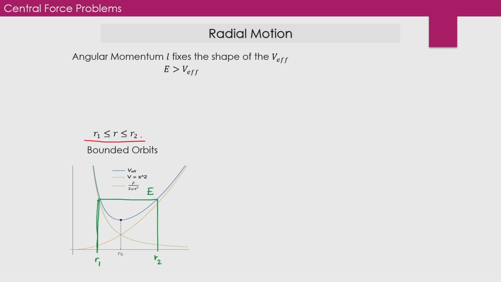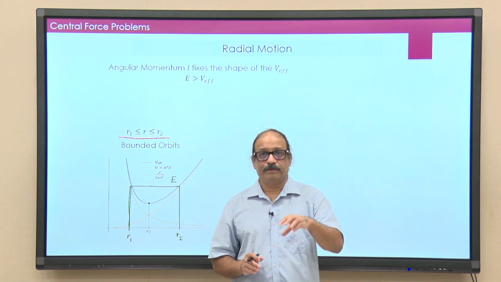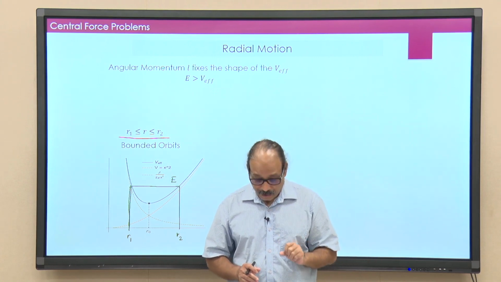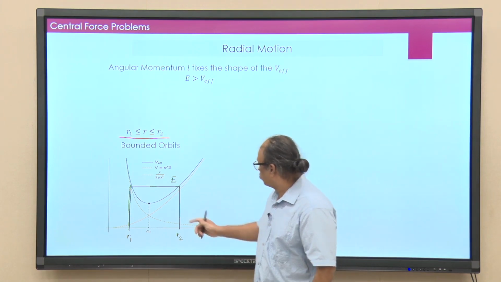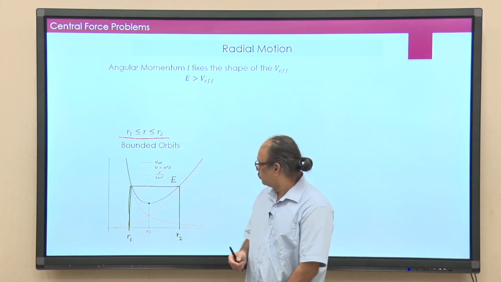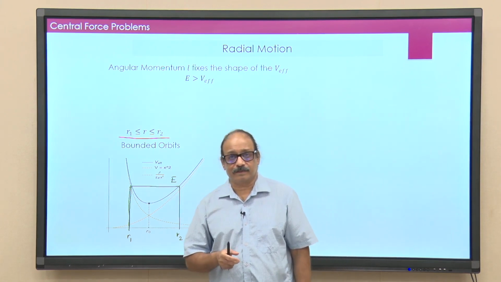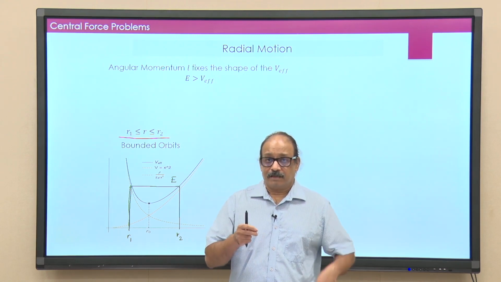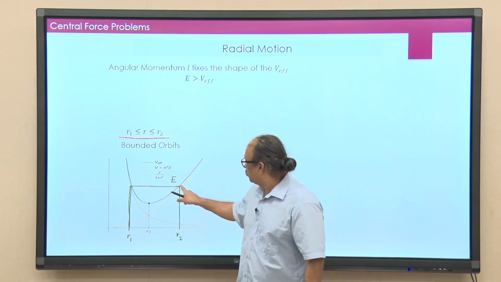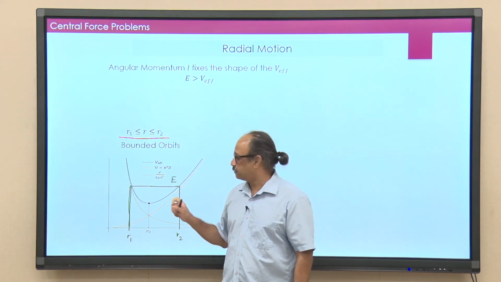The particle's orbit must be such that the r coordinate remains between R1 and R2. And if you look at this potential here, and if this is the energy, it is a conservative system. So, if I start a motion here, what can happen? There are 2 points where r dot becomes 0, because E minus V effective has become 0.